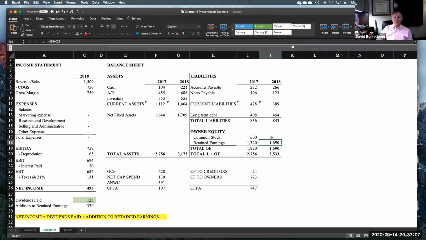But I didn't give you any information related to what the value was of the common stock. So you did all this math and you looked at it and you said, well, there's not a balance. Why is this not balancing? So what do you do? Anybody got an idea? If you're in finance or accounting, you better know what to do.